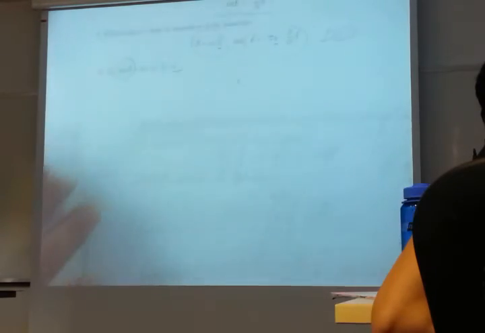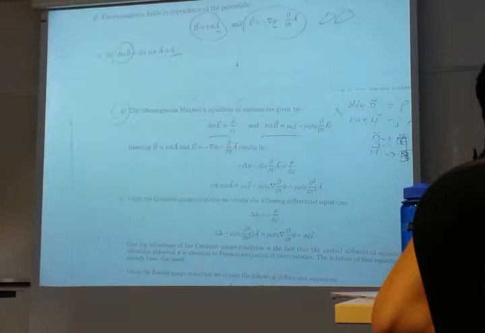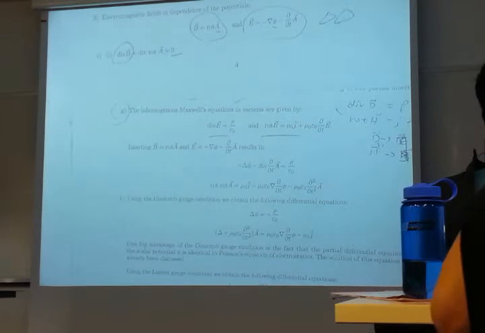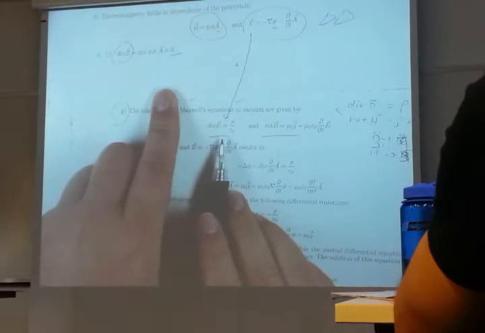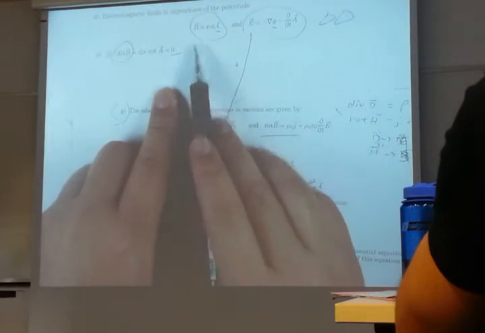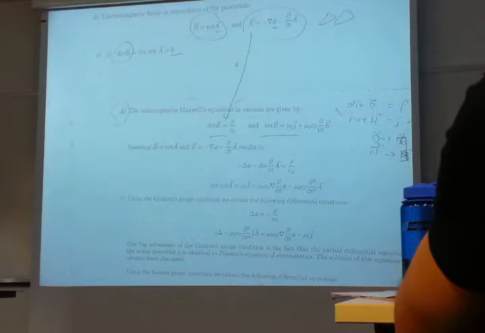So basically, this is the E, right? And you find the divergence of B. And this is the B, right? Find the rotation of B. How about let's try one? No, we don't.